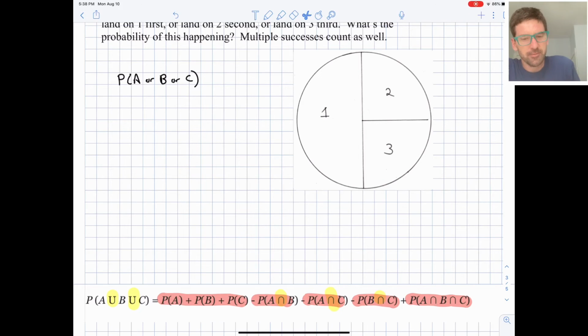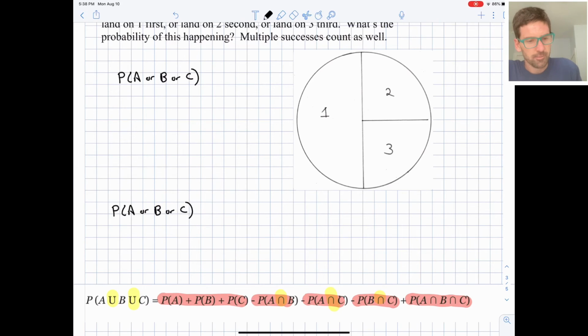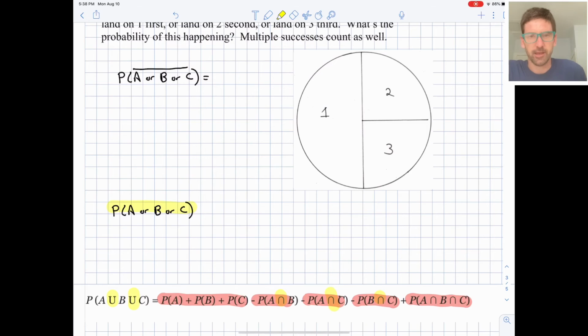Okay, so I am going to find the probability of the complement. Remember that line means complement. And then once I find that, I can just subtract it from 1 to find the probability of what we're actually looking for. Okay, so to be clear, let me make a quick copy here. Up here, I will find the complement, but our ultimate goal is down here to find the actual probability.